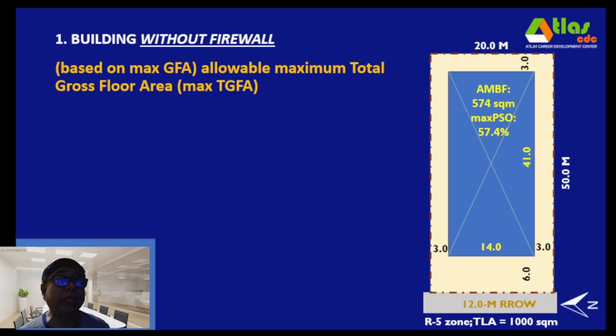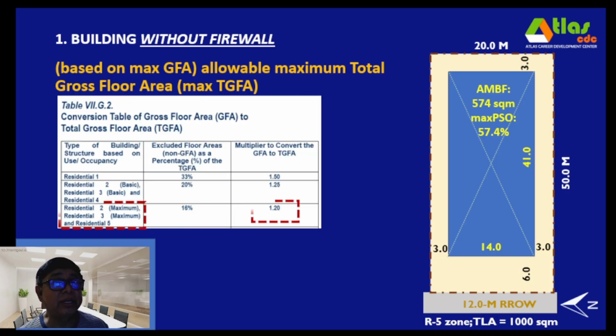Now another possible reference for our maximum TGFA is basing it on the maximum GFA, wherein we are going to convert our value of the maximum GFA to its corresponding maximum TGFA value by making use of this conversion table. Table 7.G.2 at ang nakalagay dito na multiplier para ma-convert natin ng GFA to TGFA ay 1.2.